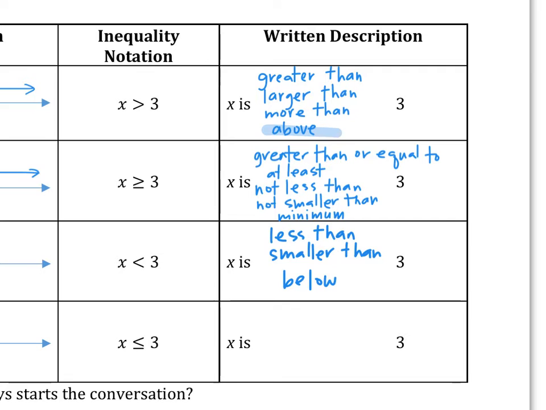Okay, now let's look at less than or equal to. So less than or equal to is the opposite phrase of greater than or equal to. So that is kind of the standard way of saying this. X is less than or equal to.